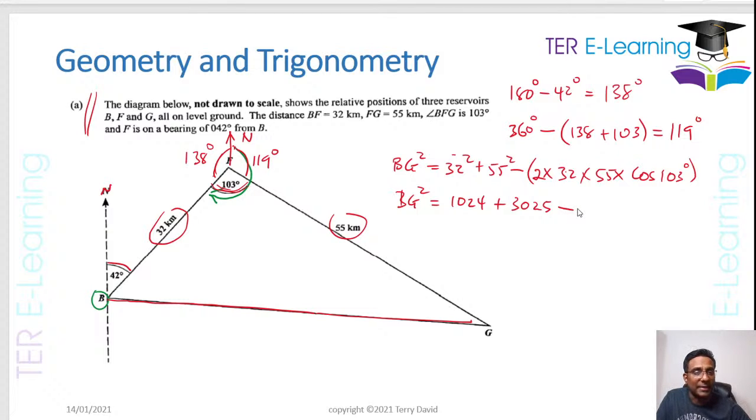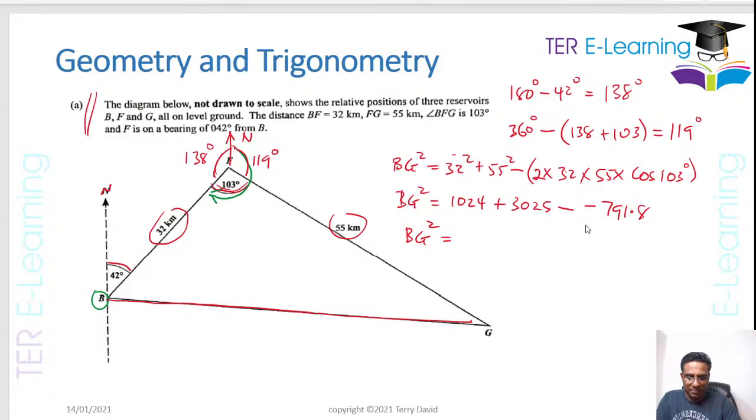And what I'm going to get, now you've got to be careful with these ones, is minus 791.8. Notice I get a negative sign. So BG squared, now you have two negative signs coming one after the next, so that means we're going to have to add it.